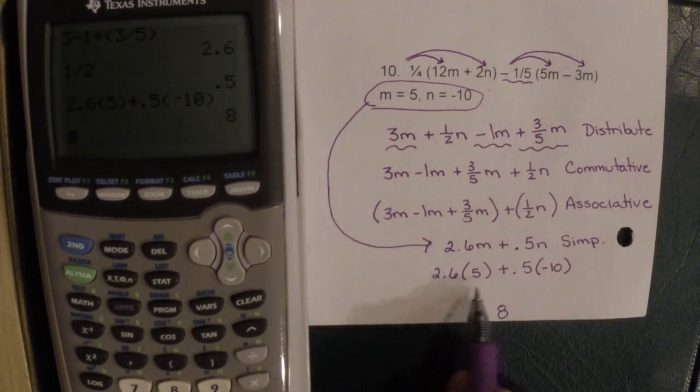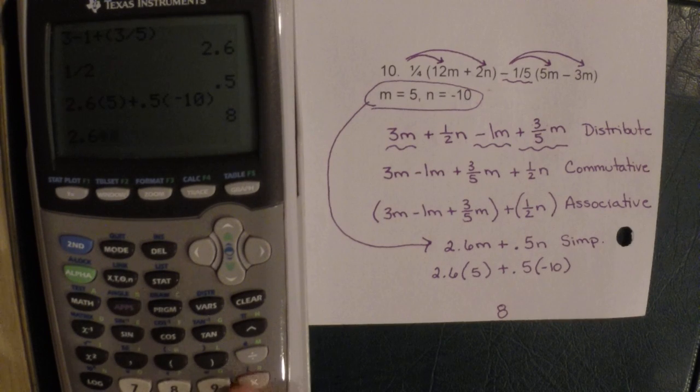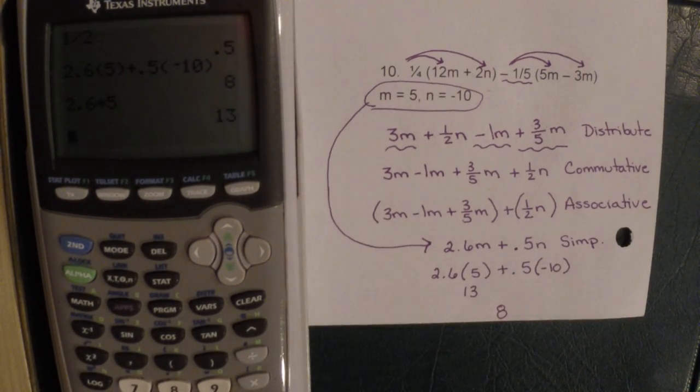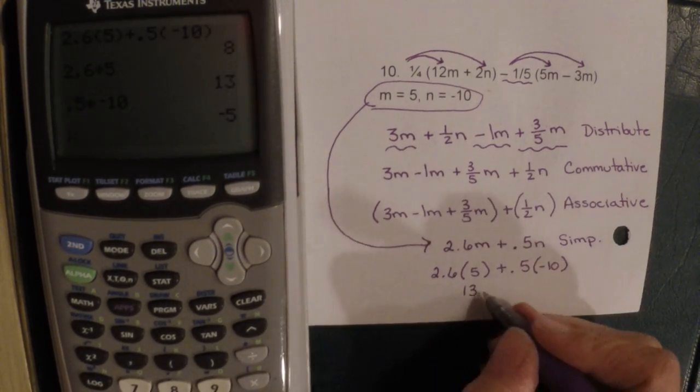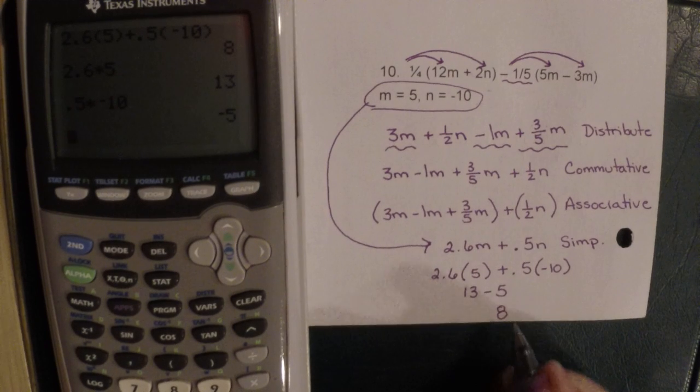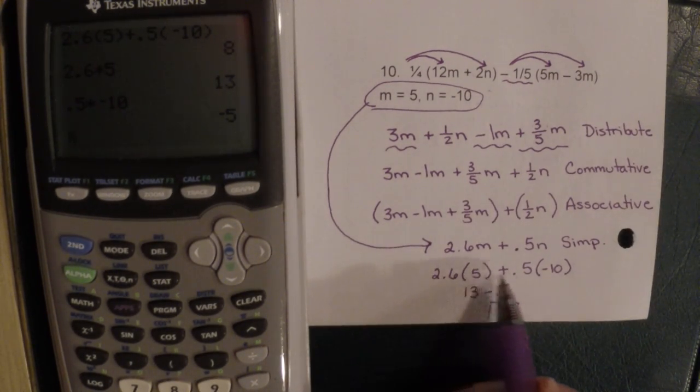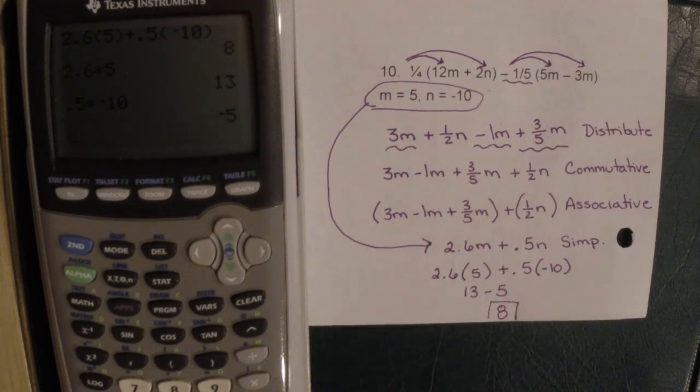Now what you could also do is do them separate. 2.6 times 5, which would have been 13, and then 0.5 times -10 is -5, and that's where the 8 actually came from. But again, notice I could type all of this in.